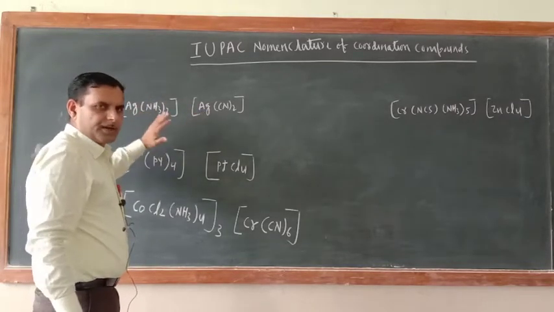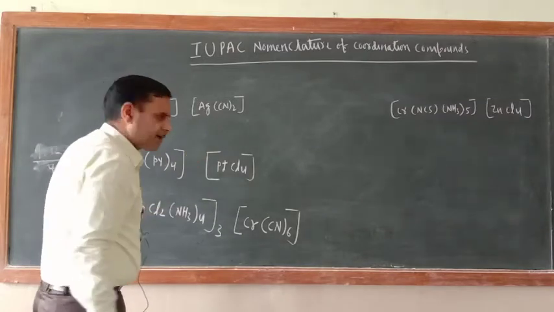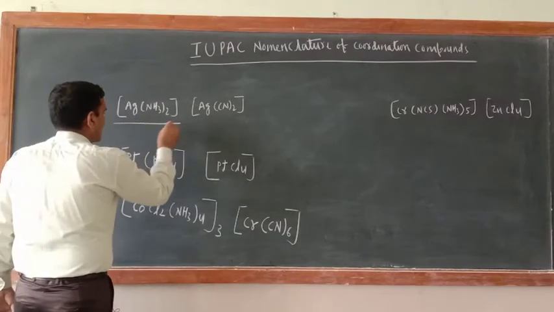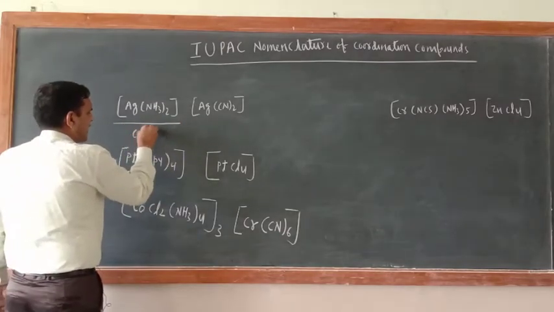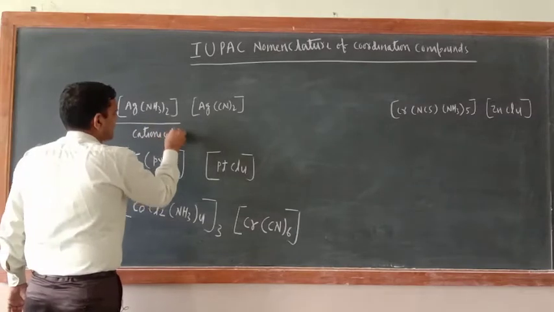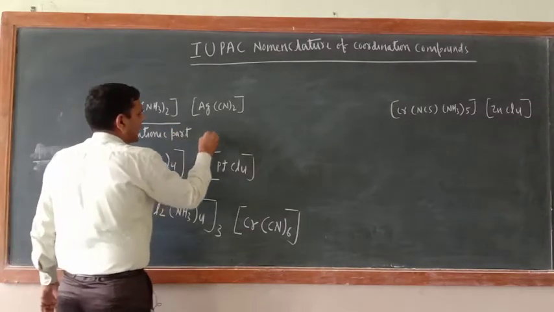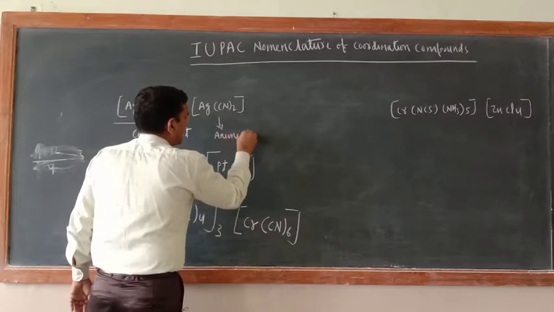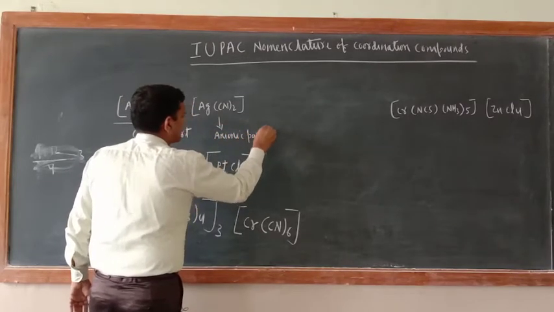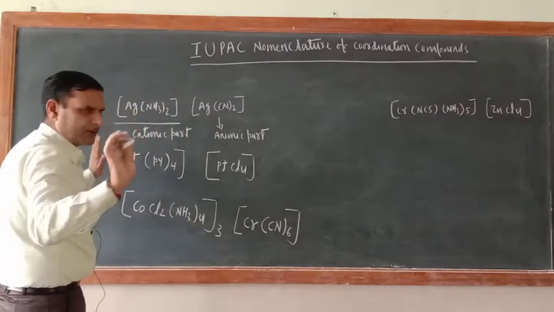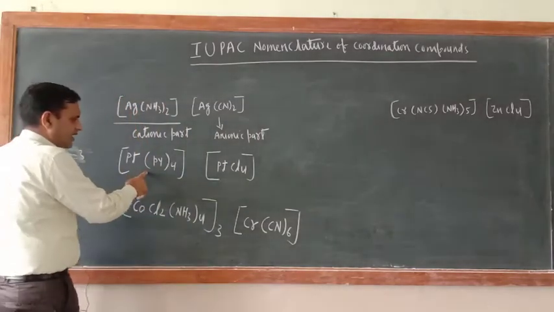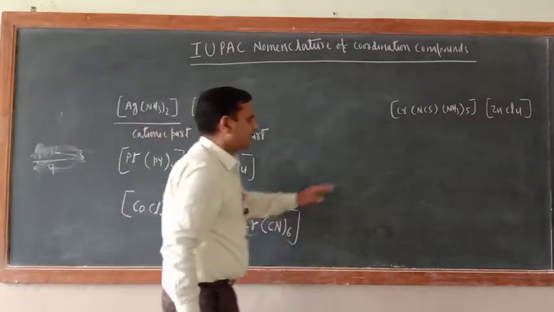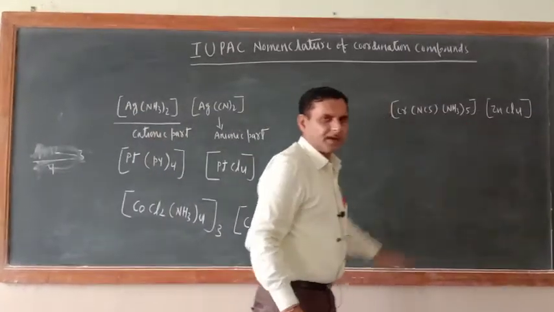So just see, which is written first, that is known as the cationic part, and the second one is known as the anionic part. Don't get confused, they are also easy, don't worry, we'll calculate. Similarly here, this is the cationic part, this is the anionic part, this is cationic, this is anionic, this is also cationic, this is anionic part.